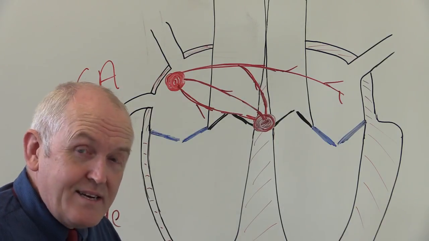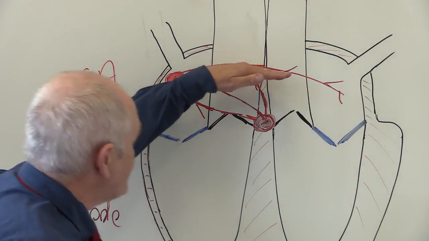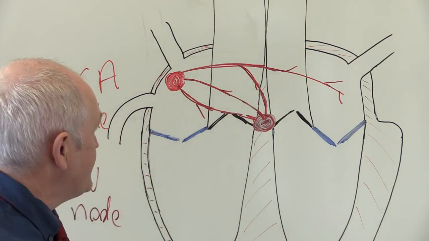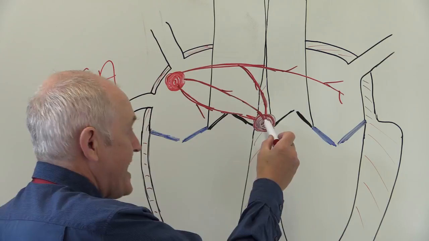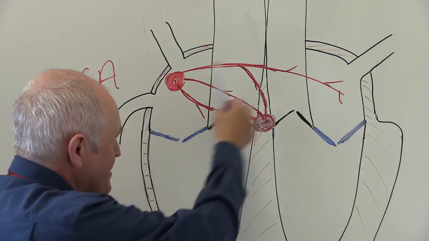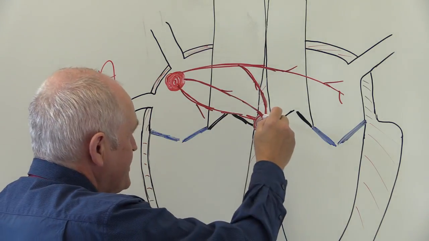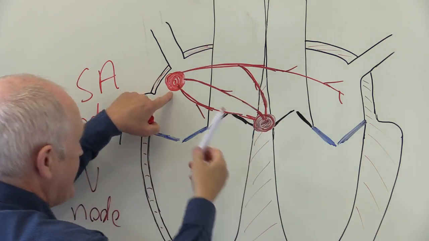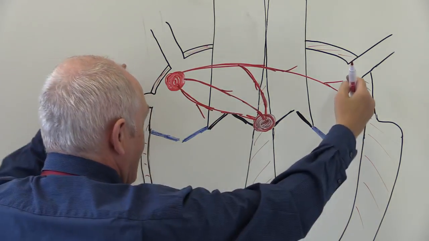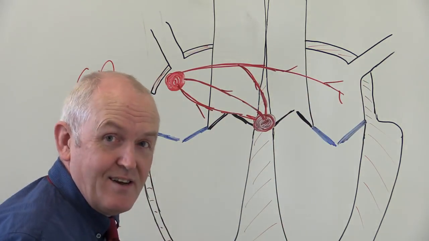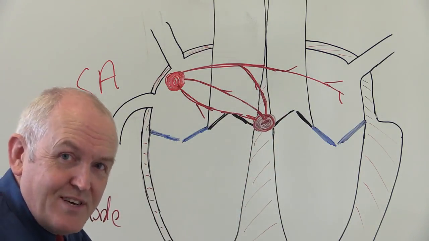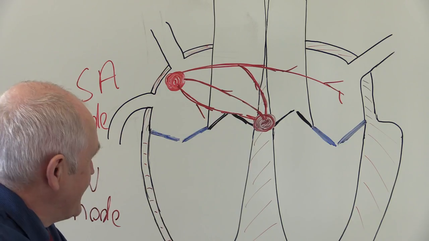The only way the electrical impulse can get from the atria down to the ventricles in the physiological healthy situation is via the atrioventricular node. So this collects the impulse. And this impulse, the same impulse that was generated there, has gone through the internodal tracts. It's caused atrial myocardial depolarization, and it's collected by the atrioventricular node. It's a collecting node.